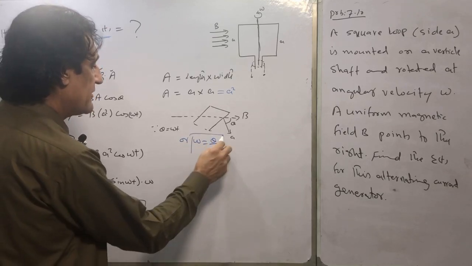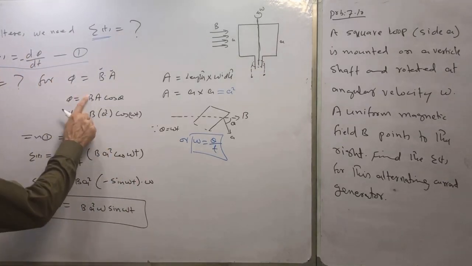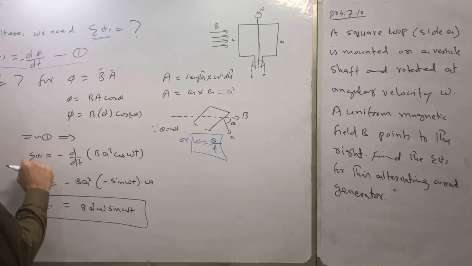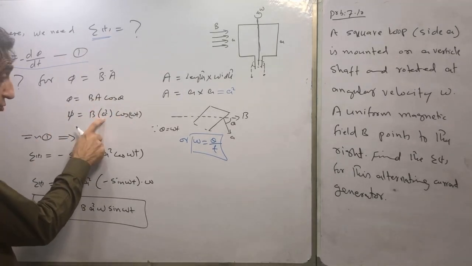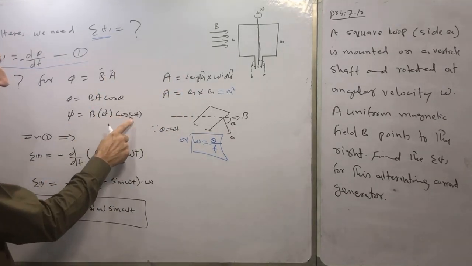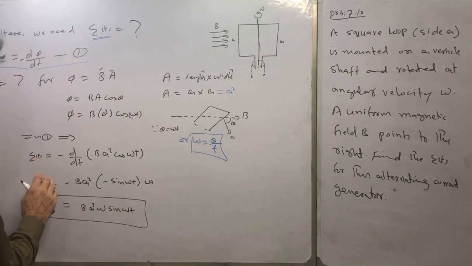So the dot product gives cosine theta, and putting the value of area, which is A square, and theta equal to omega t, this is the relation.